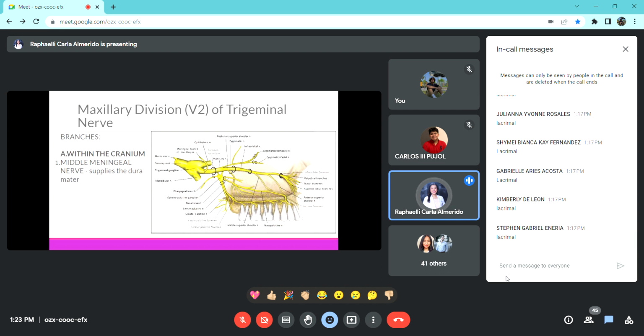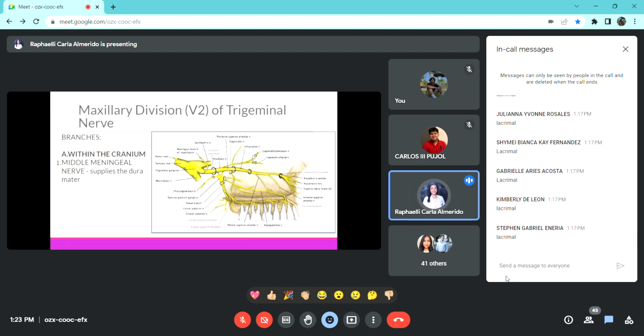If you look at this diagram, from the main trunk, from foramen rotundum to your maxillary nerve trunk, going superiorly, you will see the main trunk of the zygomatic nerve, and it will divide into two, your zygomatico-temporal and your zygomatico-facial.